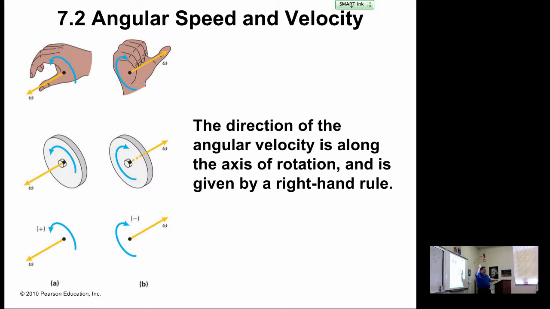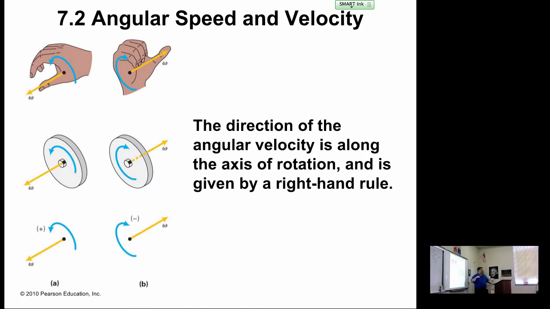All right, now, when you think of this, your thumb always points in the direction of the angular velocity if you curl your hand around like it's a wheel. So if you pretend your hand is the wheel, that is all you have to do. That's why it's called the right-hand rule. It won't work with the left hand.